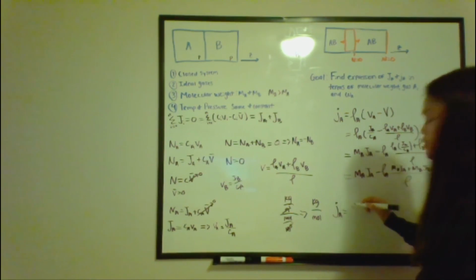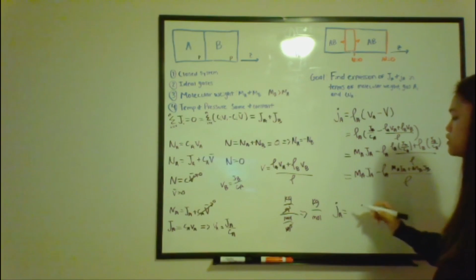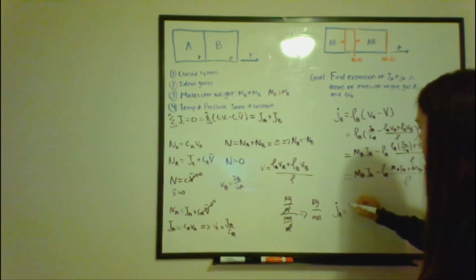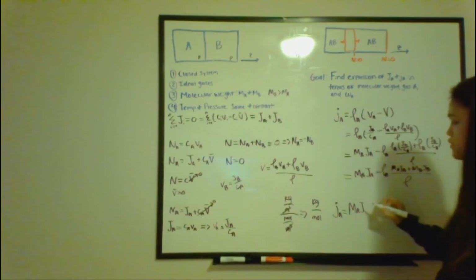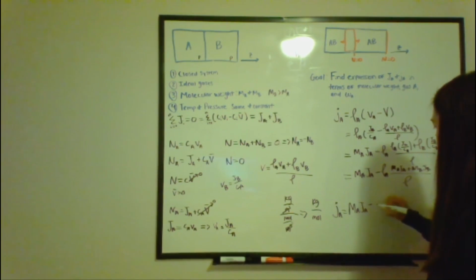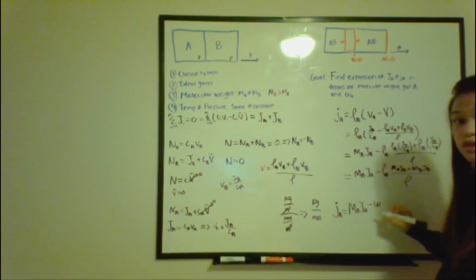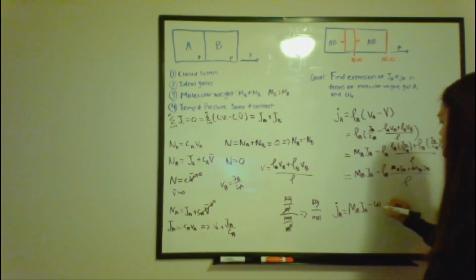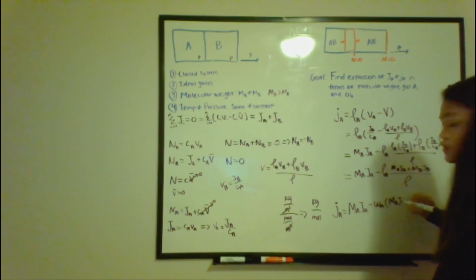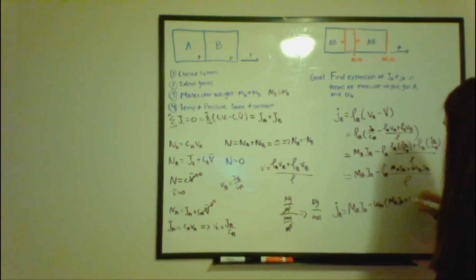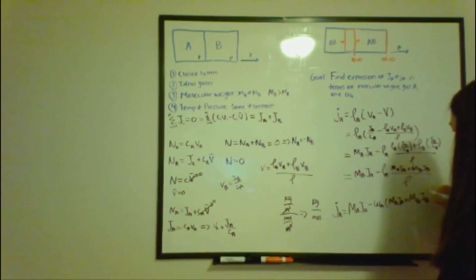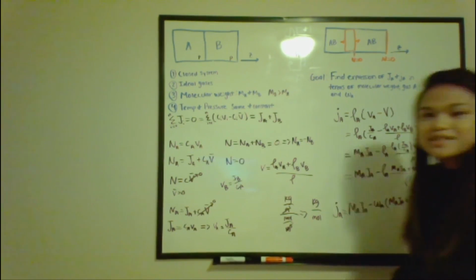So then we're left with the final expression: the mass diffusive flux of A equals the molecular weight of A times the molar diffusive flux of A, minus the mass fraction of A times the quantity of the molecular weight of A times the molar diffusive flux of A plus the molecular weight of B times the molar diffusive flux of B. And that's our final equation.